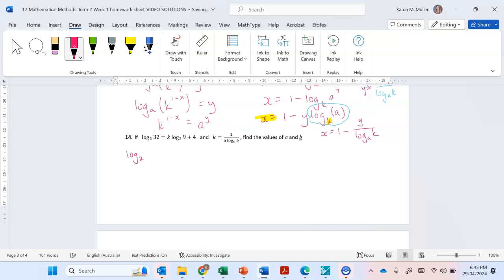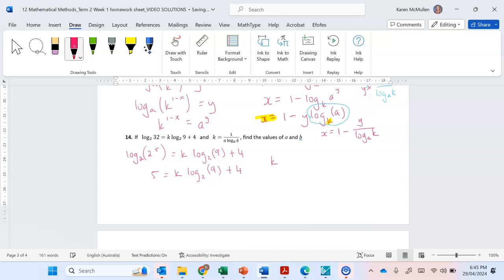So log base 2 of 2 to the power of 5 equals k log base 2 of 9 plus 4. All right, so we're going to get 5 equals k log base 2 of 9. Oh, it's just the format we want k in. Okay, I get you. All right, so we can subtract 4 from both sides.